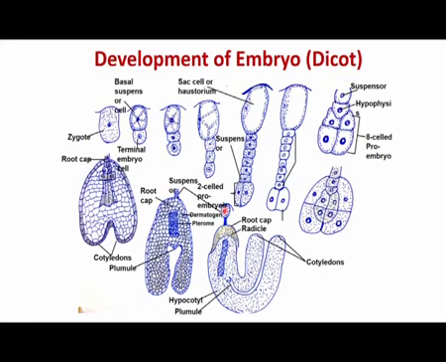At this stage, the developing embryo is globular and shows radial symmetry. It is called the proembryo. The proembryo is transformed into the embryo with the development of the radicle, plumule and the cotyledons.